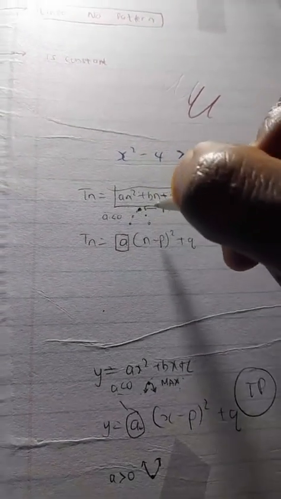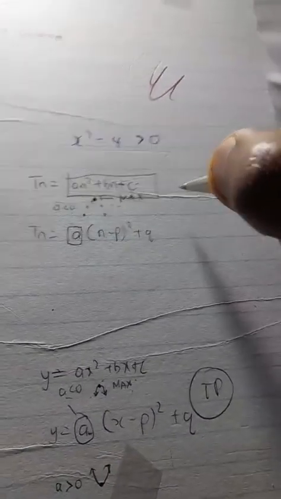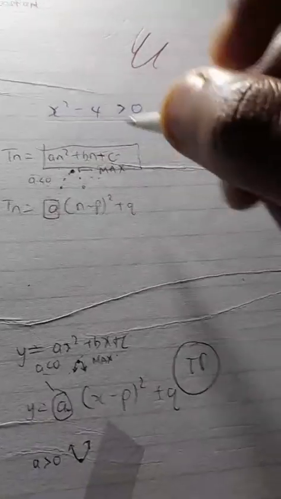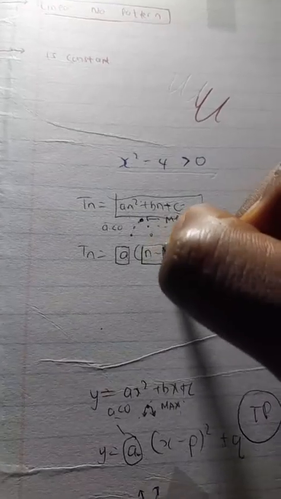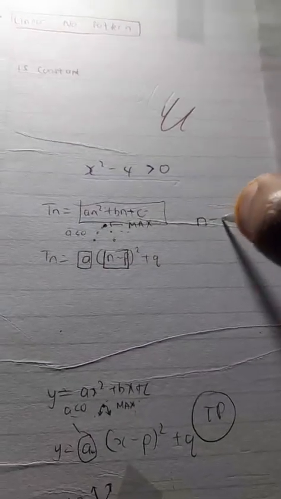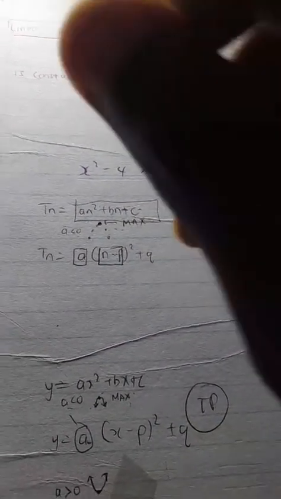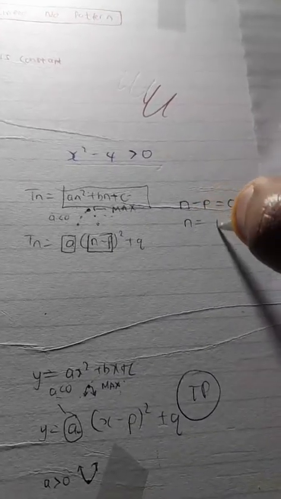Okay, so how do we find the position of this maximum term? Is it the third term? The fourth term? The fifth term? How do we find that out? We simply take the expression inside the bracket, n - p, equate it to 0, and solve it.